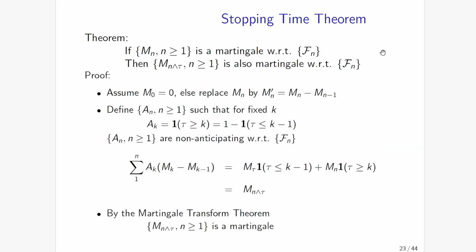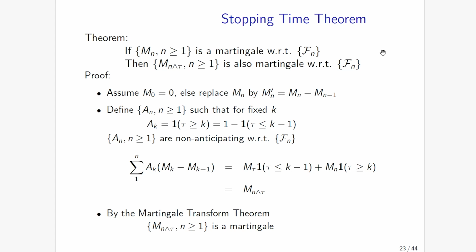Now, this theorem can be proven with this argument, and what you can see is that we define our non-anticipating variables to be the indicator of tau, the stopping time, being greater than or equal to k.